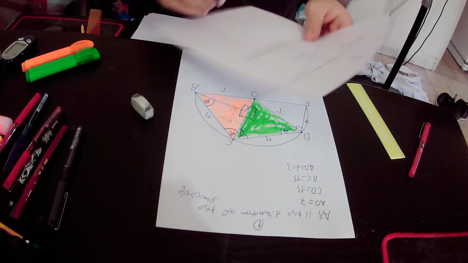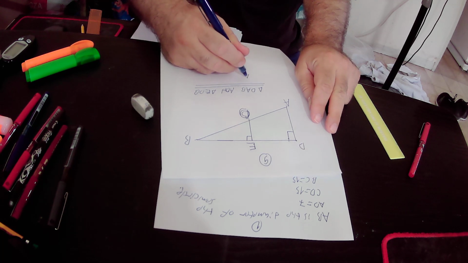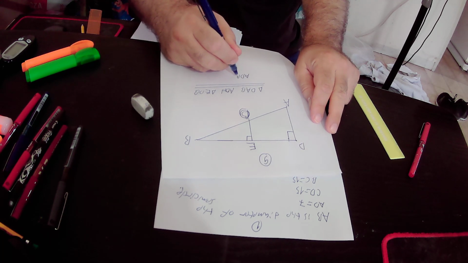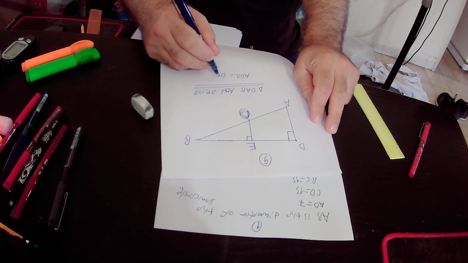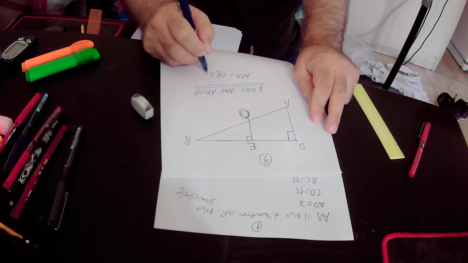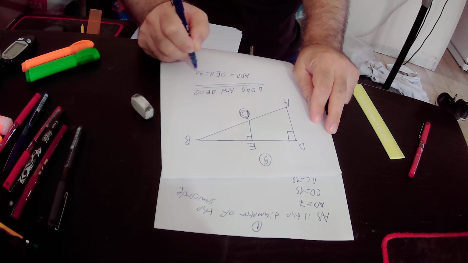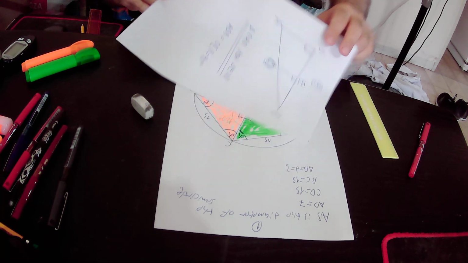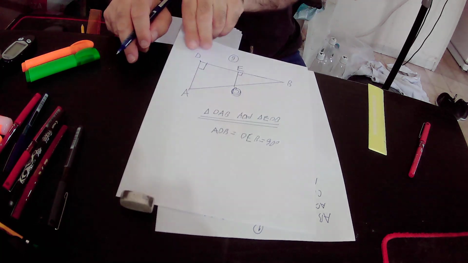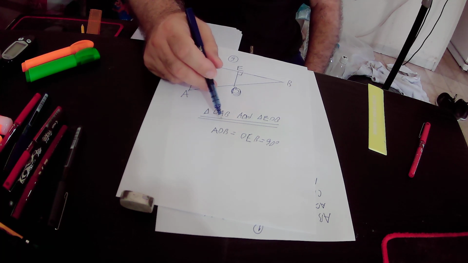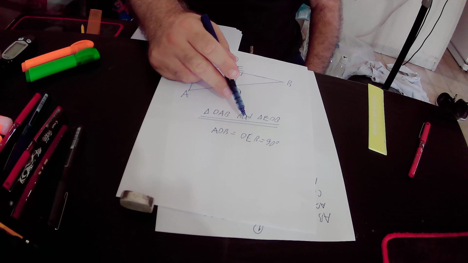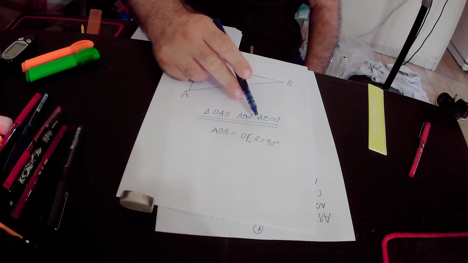So actually angle ADB is equal to angle OEB. Both of those two angles are right angles, they are equal to 90 degrees.